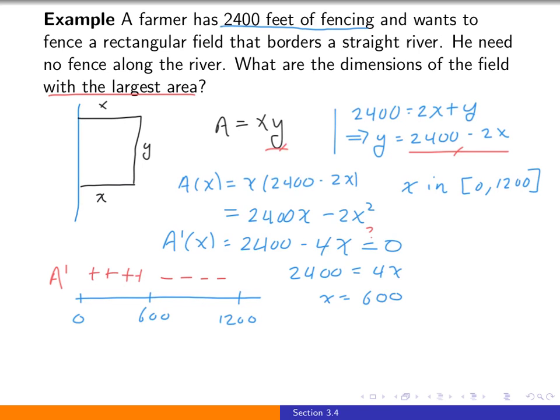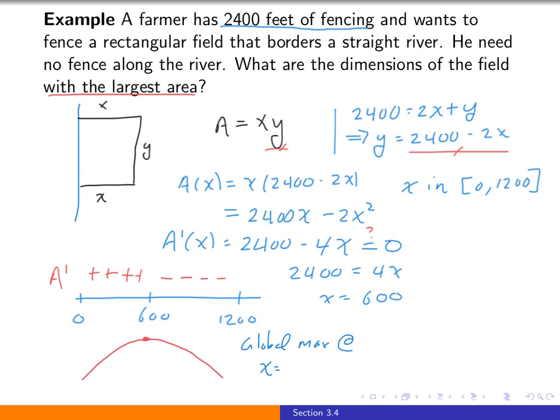And now, at 600, our function is increasing to the left of it and decreasing to the right of it. So the only possibility is that it has to be the global maximum.